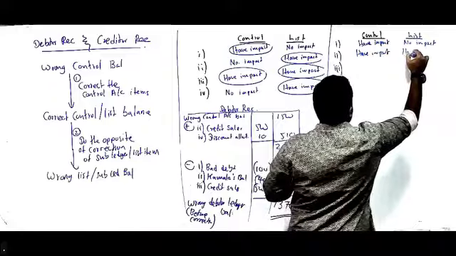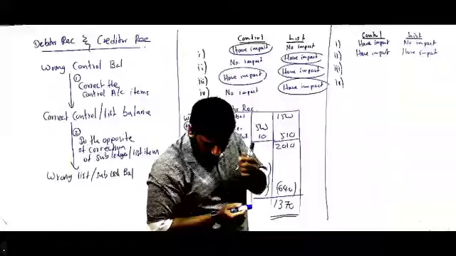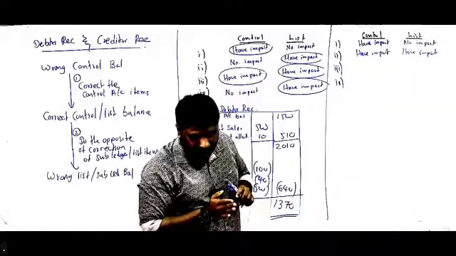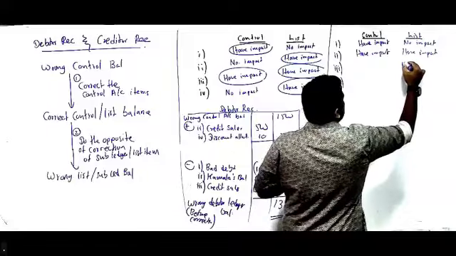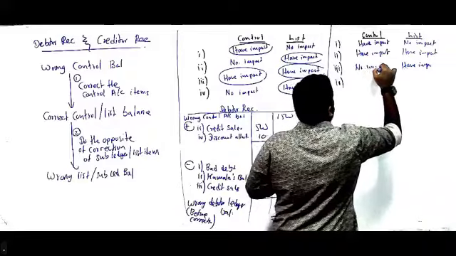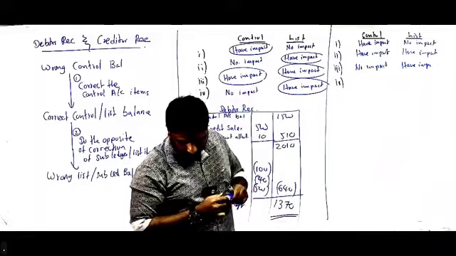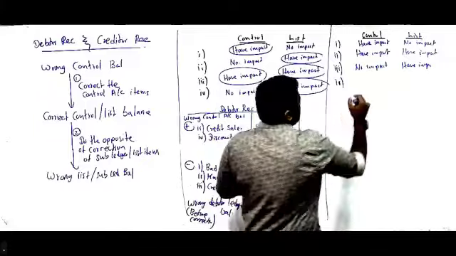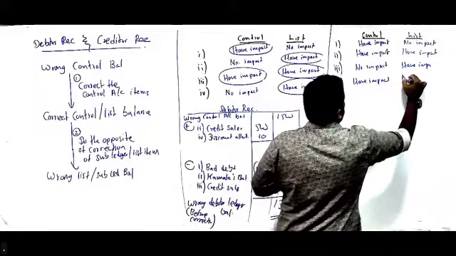Third one, cash payment 50,000 recorded as 5,000 in the creditor ledger. Ledger means list: have impact, and here no impact. Fourth one, discount received recorded in the wrong side of the control account. So here have impact, and here no impact.